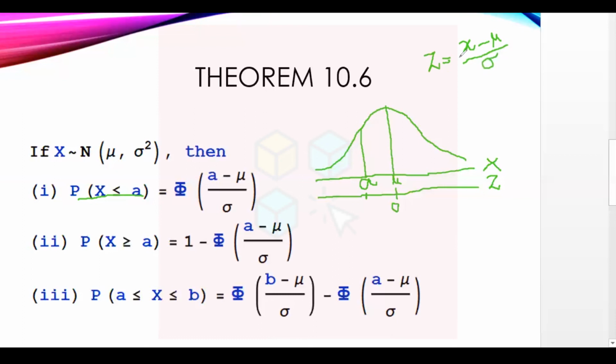This is sigma. So by using this expression, we can find the corresponding value of a in z. So substitute a here, and for given values of parameters, mu and sigma are given, and for specified value of x we can find z, and this corresponding z exists on the z scale.